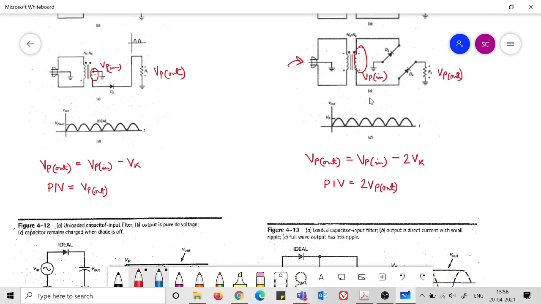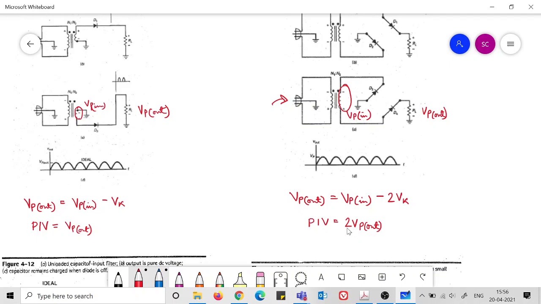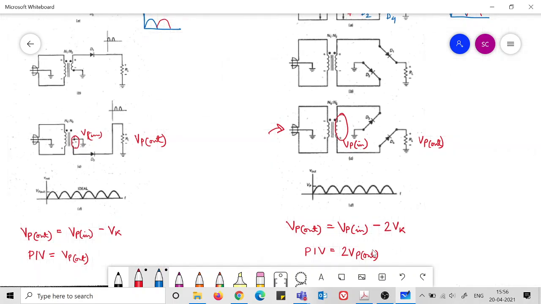In this case, when it is in the reverse bias condition, these two diodes which are open circuit, both will come together, and hence the PIV will be 2 Vp out. So that is what you should remember. This is the point of difference between these two types of configurations.